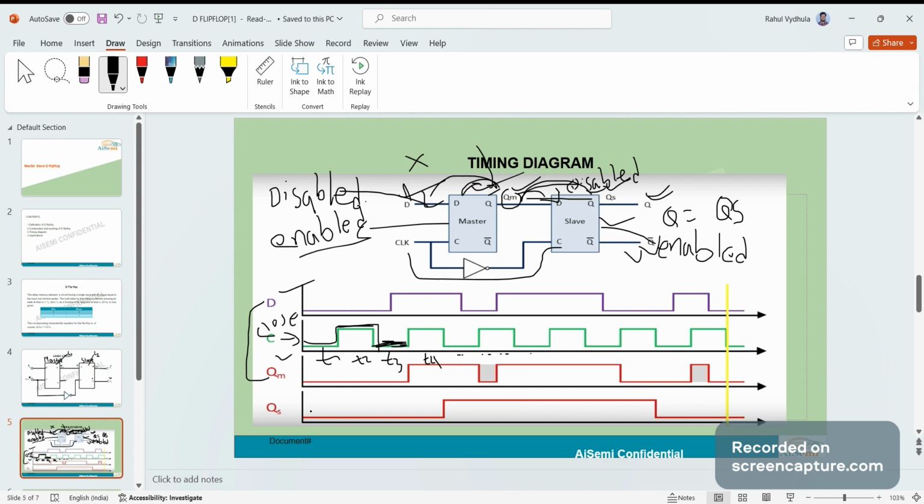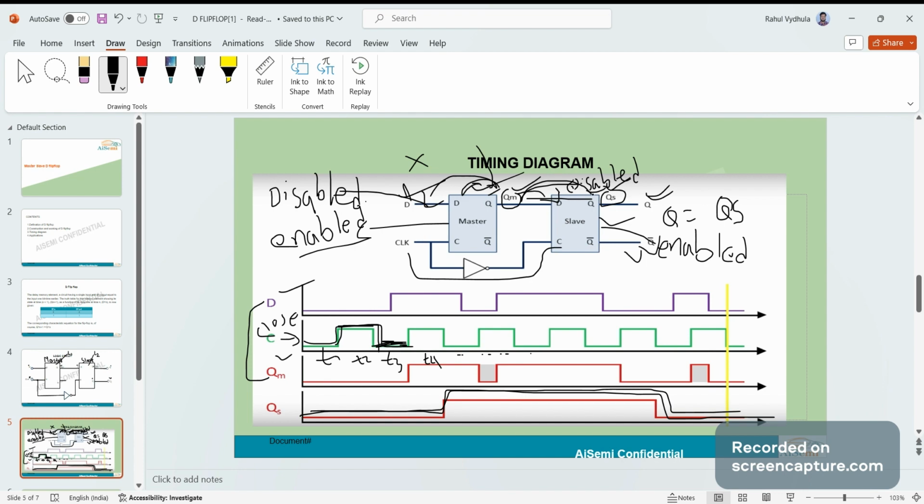Here you can observe, for the first cycle, this is one complete cycle, right? Q changes only once, and that is the characteristic of the Q output. Here Q is equal to QS, only changing once. We got QM equal to QS only once.